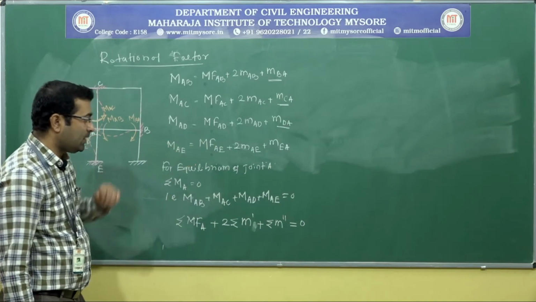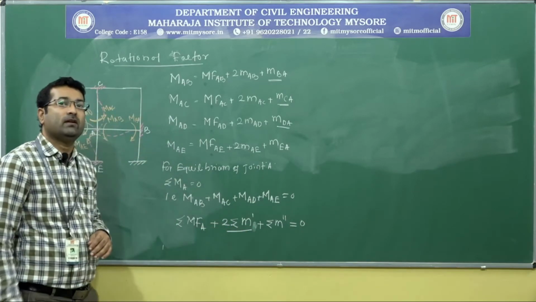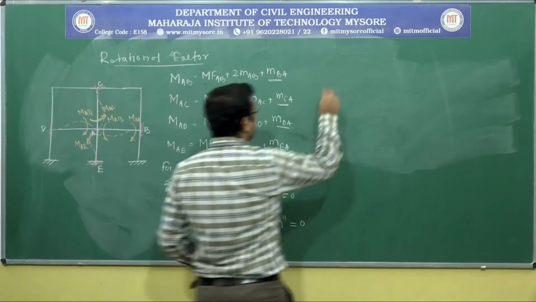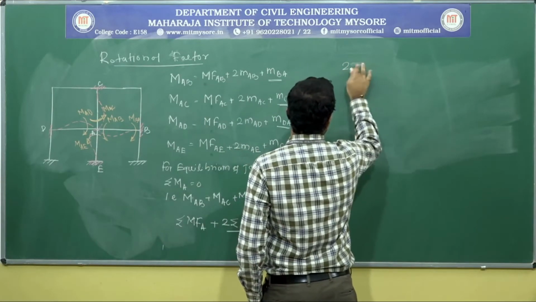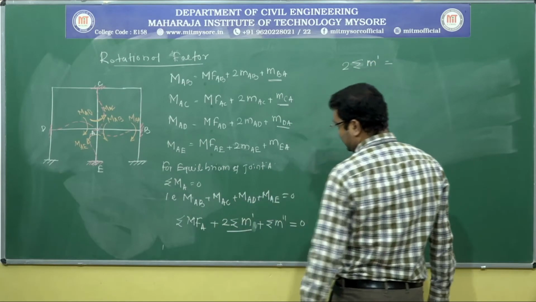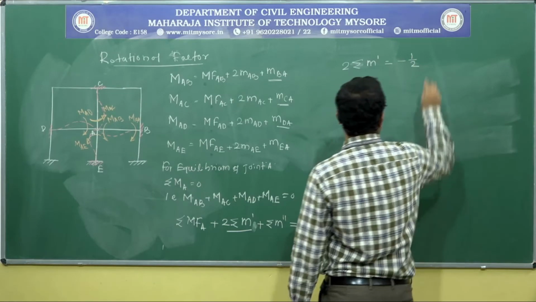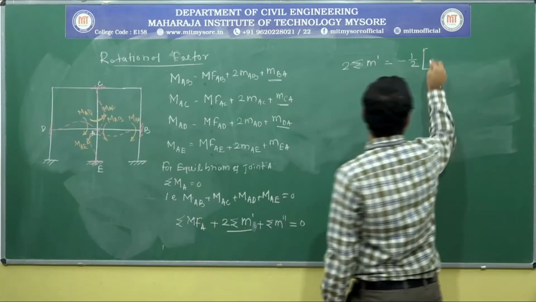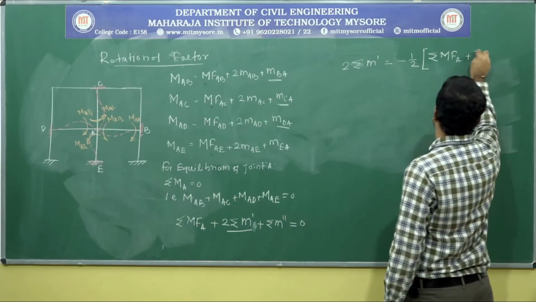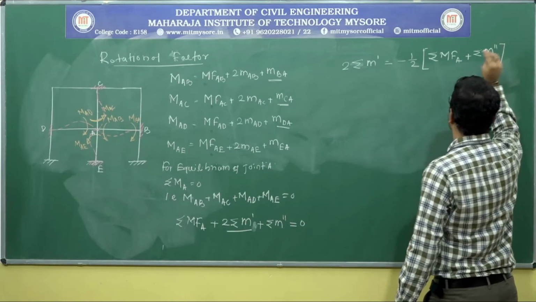Now I am interested in calculating the rotational moments, that is the algebraic sum of rotational moments at the near end. If I take that outside, it is 2 into the summation of M dash, and if I take everything to the other side, it equals minus half into the algebraic sum of fixed end moments at joint A plus the algebraic sum of M double dash. What is M double dash?